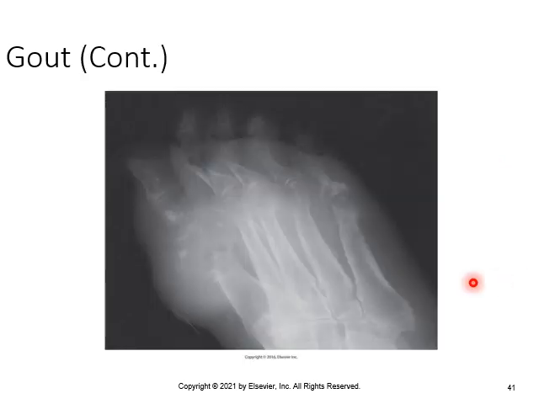Here's an example of a patient that's obviously had terrible long-term chronic gout. Uric acid would settle into that joint space, and over time would cause necrosis of the joint space, and it can ultimately lead to ankylosing, or the joining across of the two bones across that joint space as one solid bone.